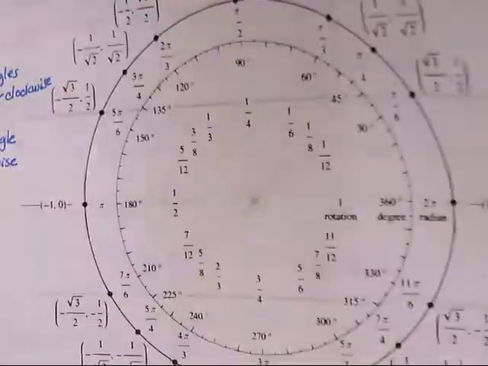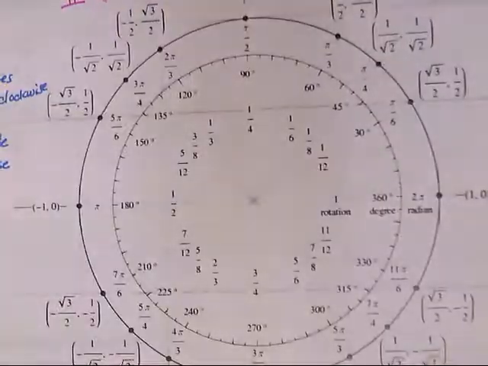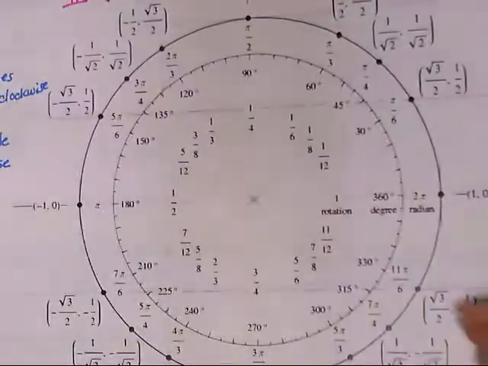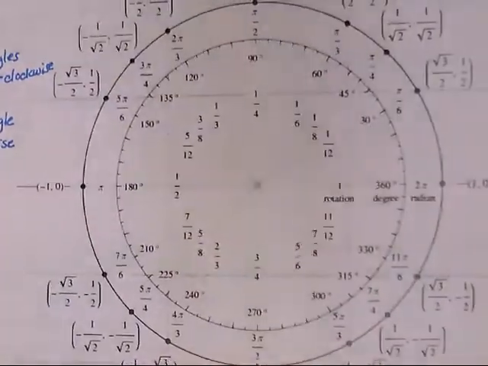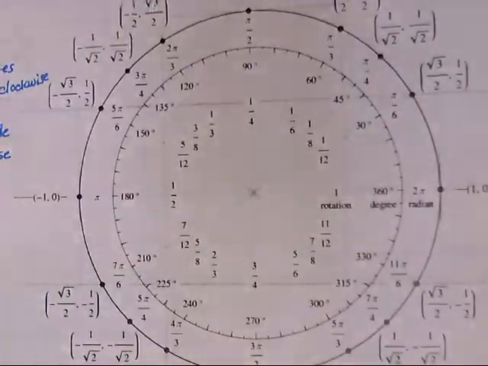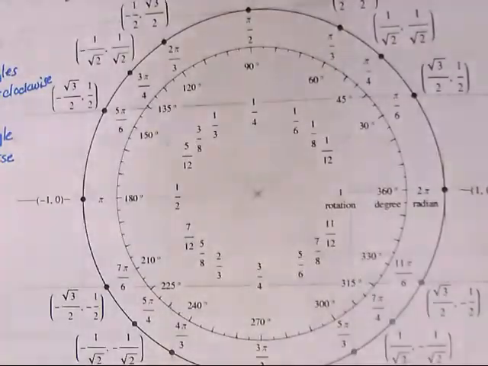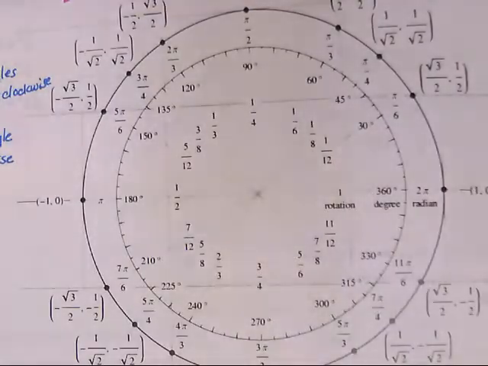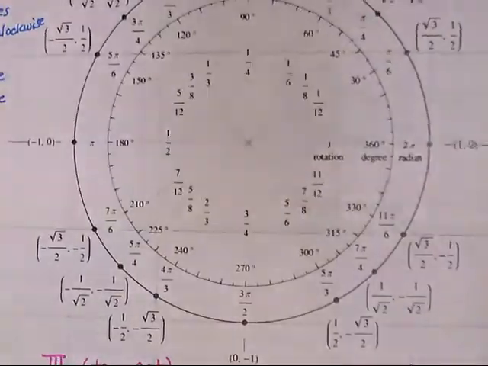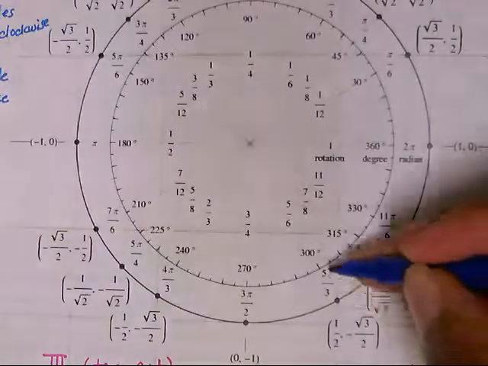Okay, this is the unit circle. We can find 5 pi over 3 and find out what the cosine of 5 pi over 3 is. Well, here's 5 pi over 3 here.